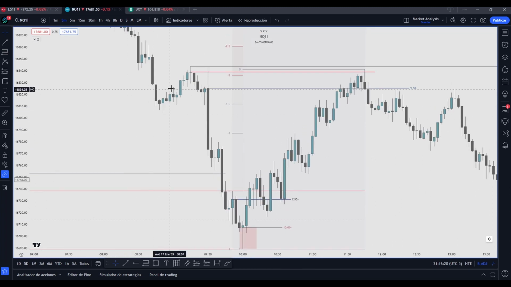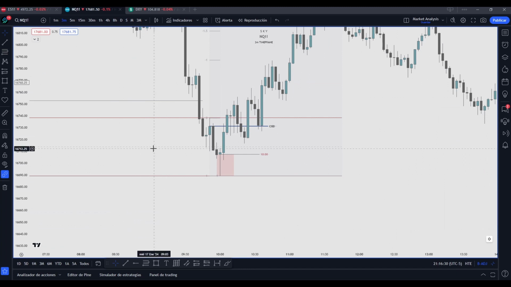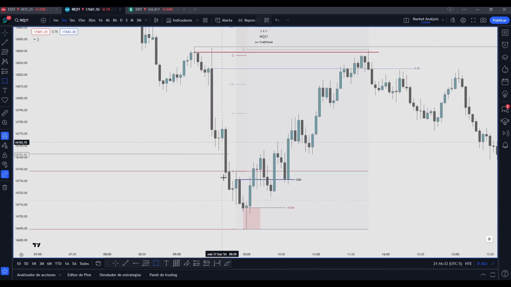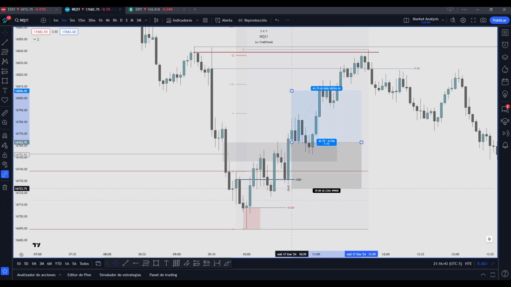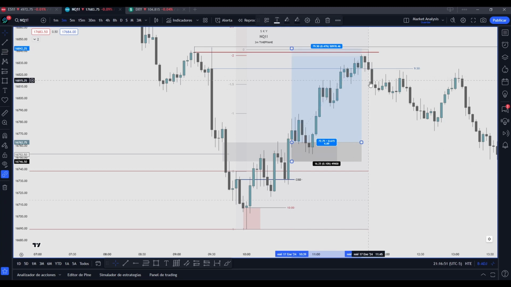And I recognize the market maker model. So I wait for inverse fair value gap, and I take the trade on here. So it was still a very, very nice trade. I think it was something like this. And yeah, I closed the trade around here.